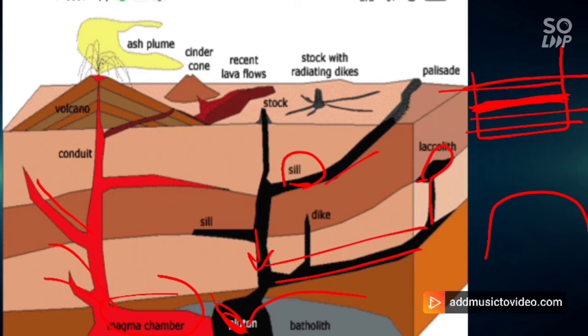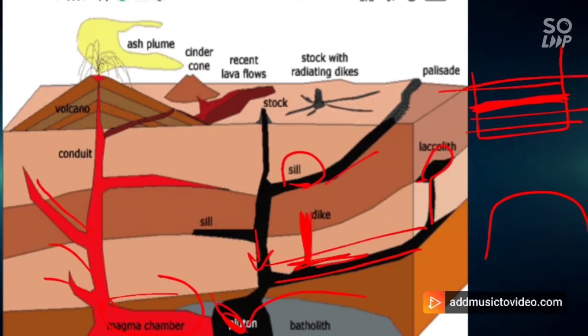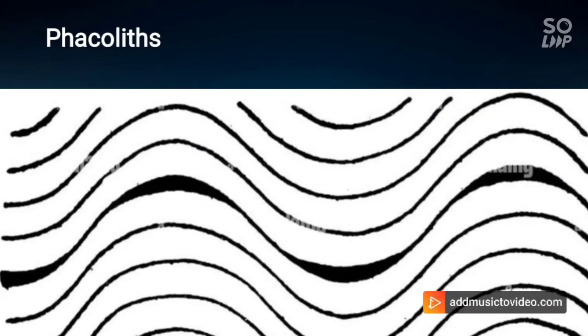Now what are dikes? If they are perpendicular to the sedimentary rocks, then they are called dikes. They are perpendicular. Now the next thing is phacoliths. You have anticline and syncline.